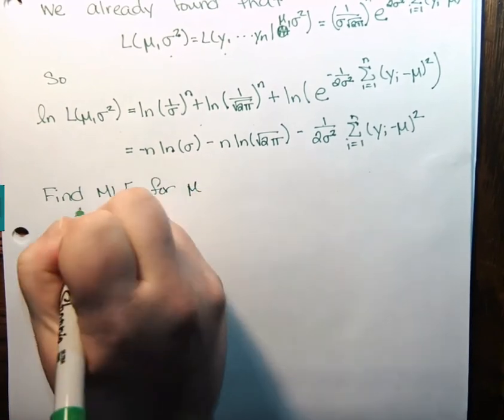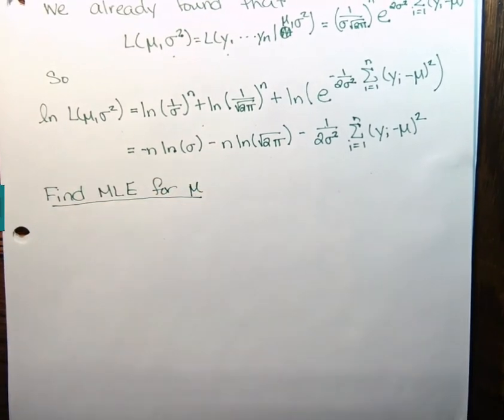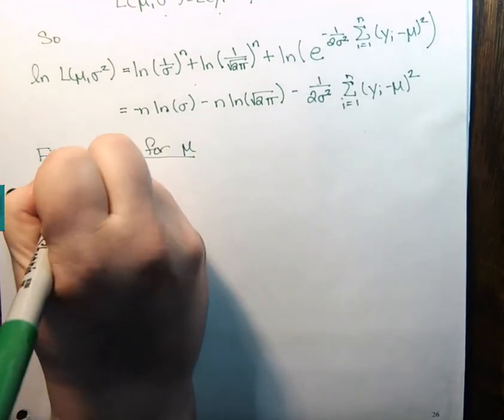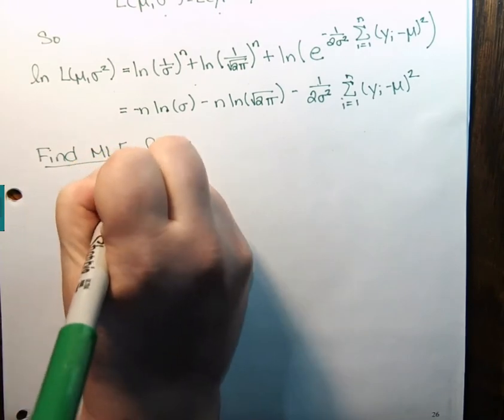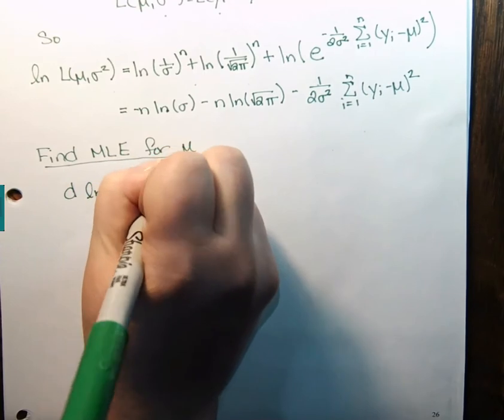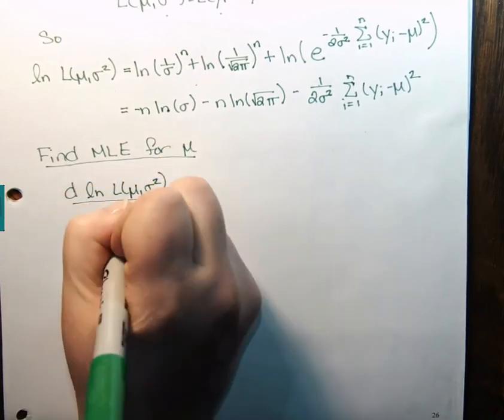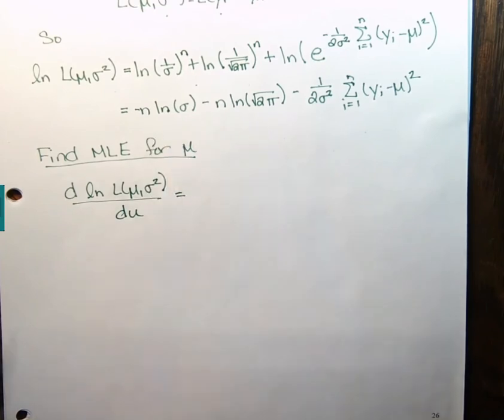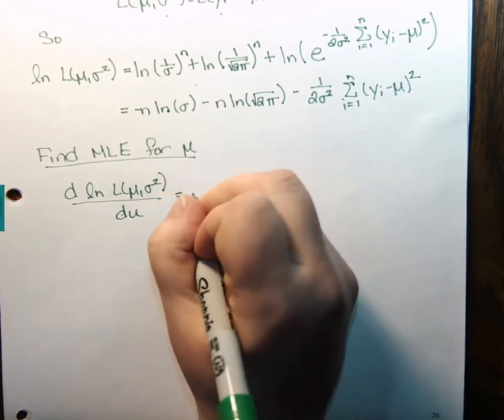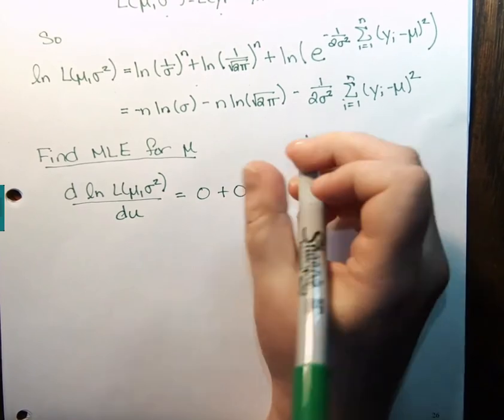for mu. Now, my very first step is I'm going to take the derivative of the log likelihood with respect to mu. Notice when I do this, the first two terms do not contain mu, so that's just going to be 0 plus 0.